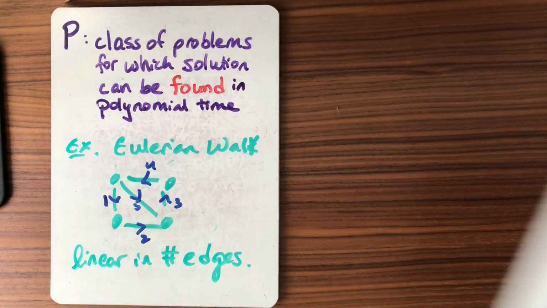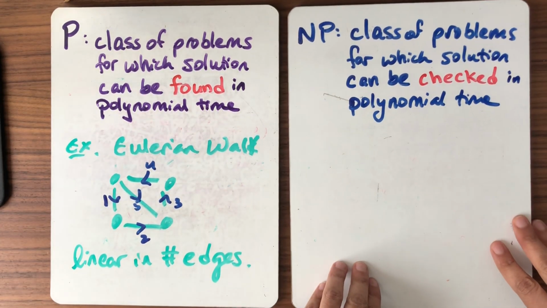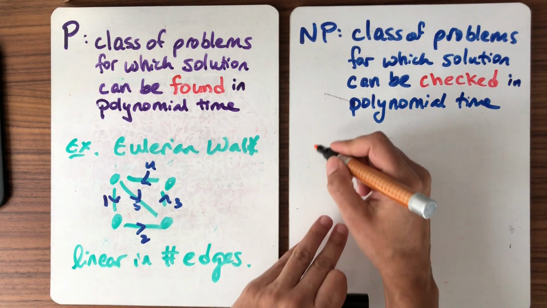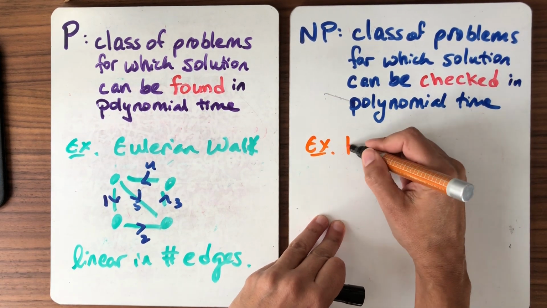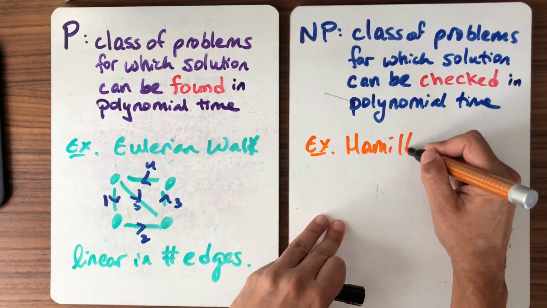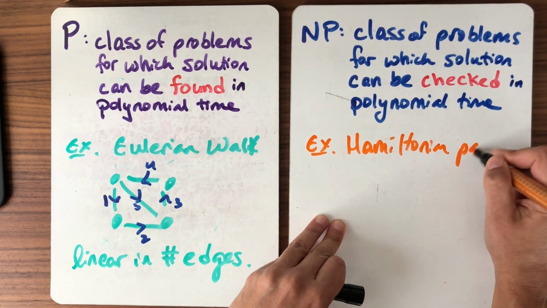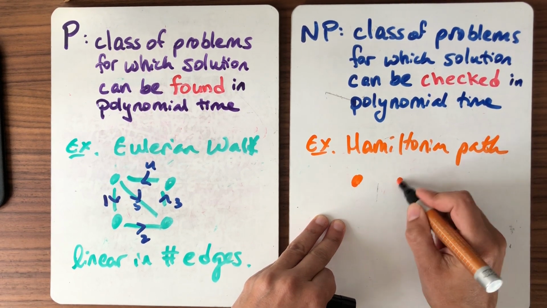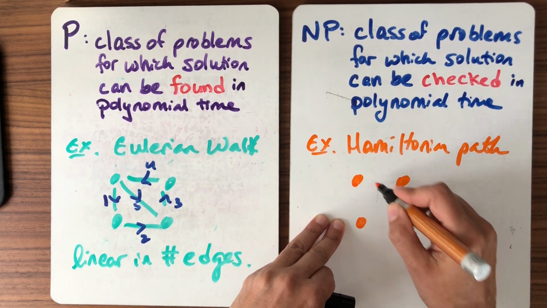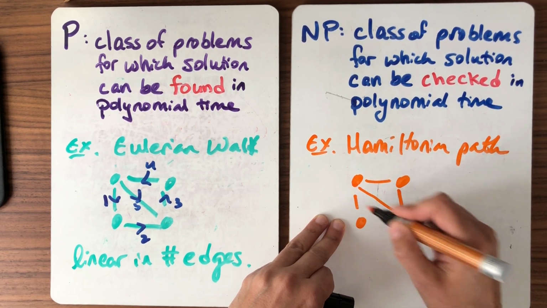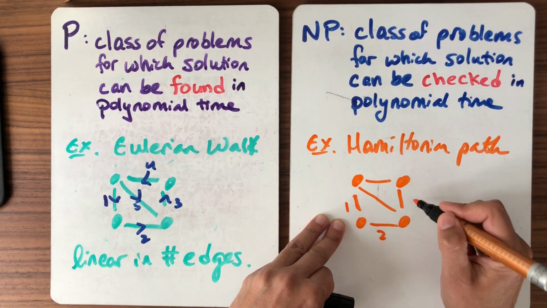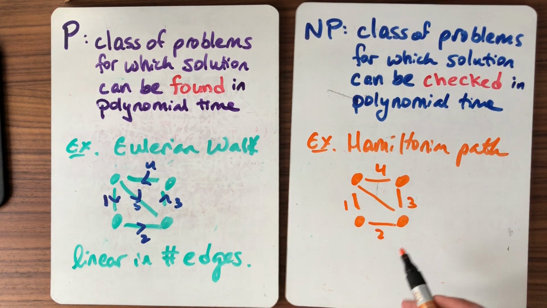Let's compare that to another class, which is NP. NP is the class of problems for which a solution can be checked in polynomial time. So what's an example here? An example here would be a Hamiltonian path. So if I give you a Hamiltonian path in a graph, so say I had a graph like this, and I say, okay, can you just check for me that this 1, 2, 3, 4 is a Hamiltonian path?